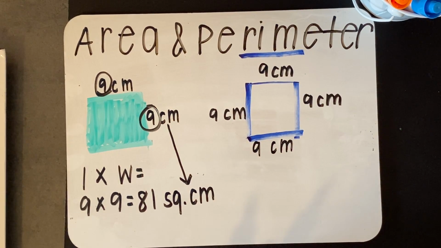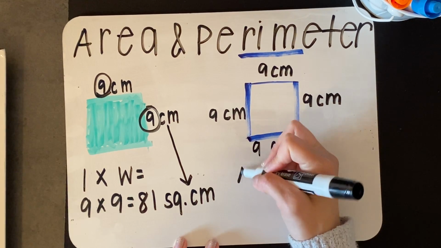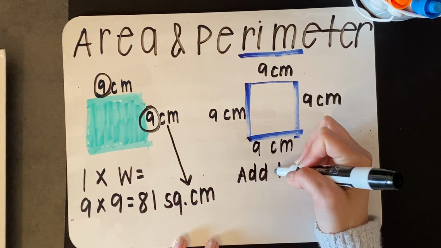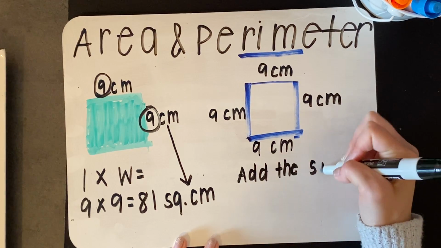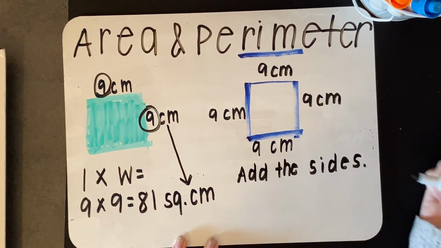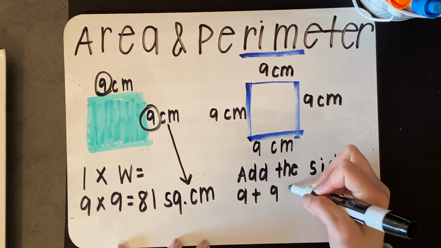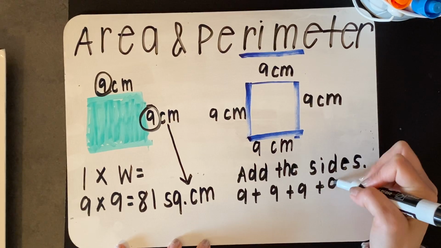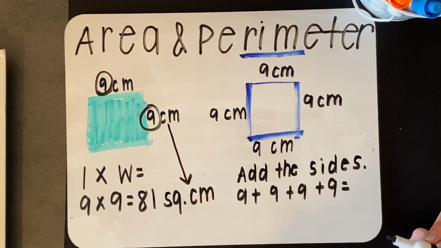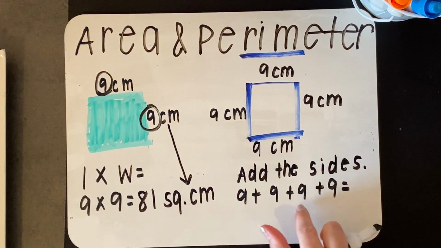When you find the perimeter, you add all of the side lengths together. So in this case, we would do 9 plus 9 plus 9 plus 9, or because you know how to use your mental math and repeated addition, you can also do 9 times 4.